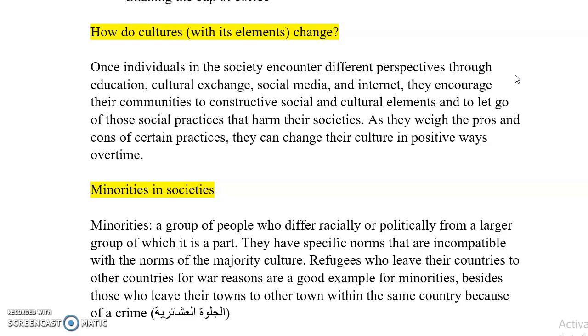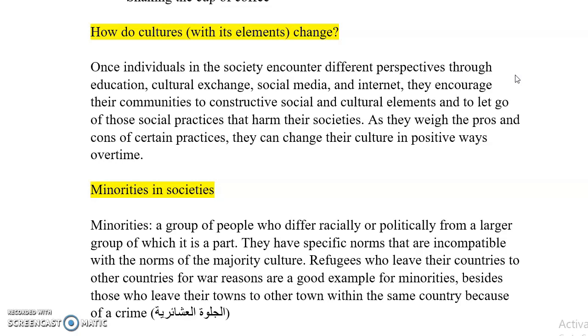I am admired by this social practice, and I will bring it to my Jordanian society. I find it perfect, and I bring it to my society in order for my society to be more perfect. This is the meaning of how cultures change.